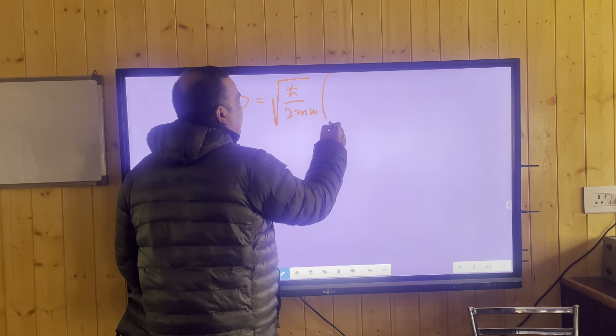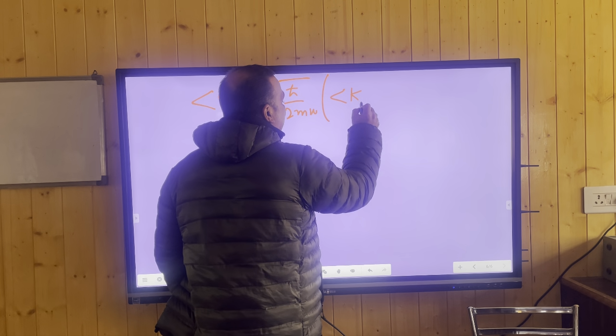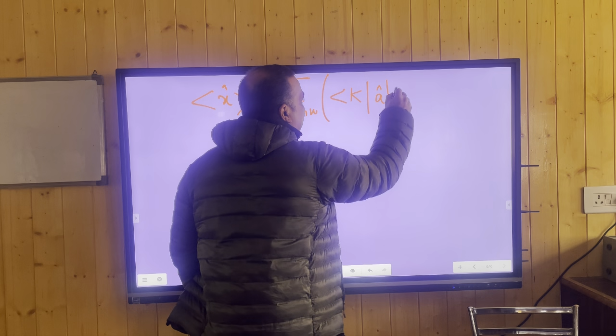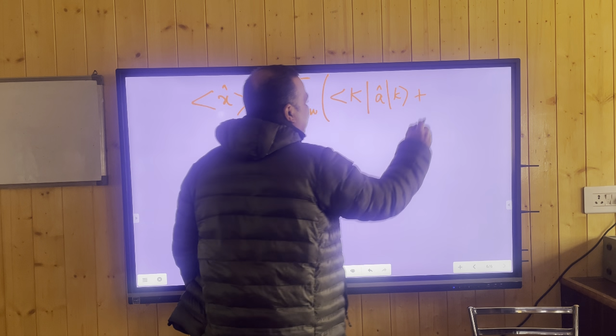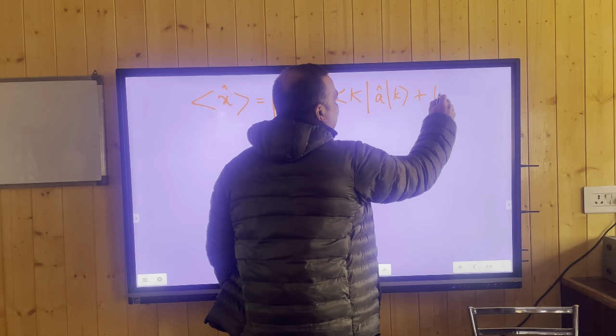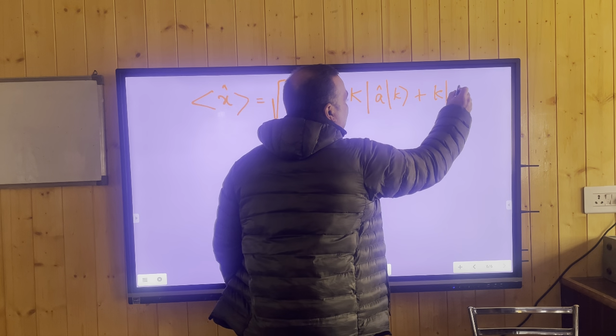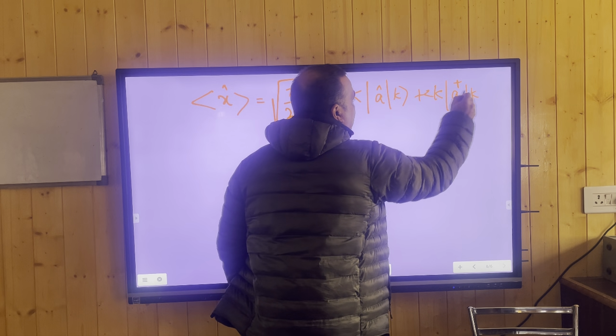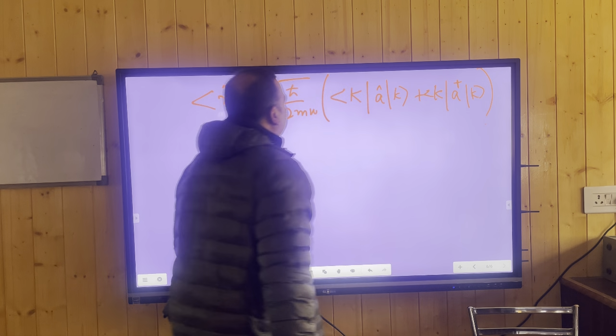In the first case you will have k, the annihilation operator, and k, and in the second case you will have k, the creation operator a dagger, and k. That should be the case.